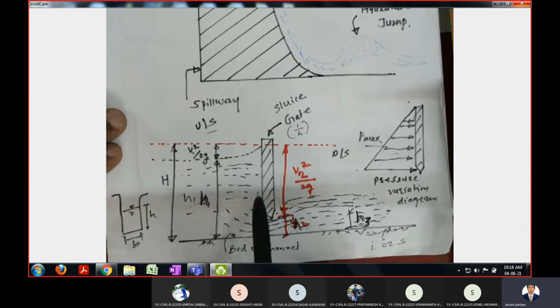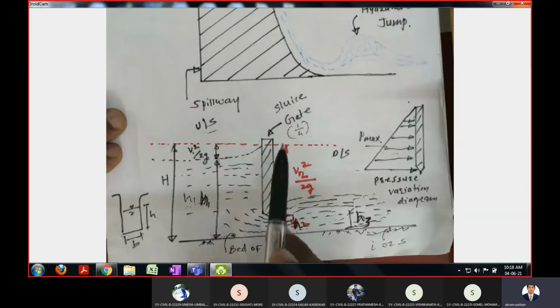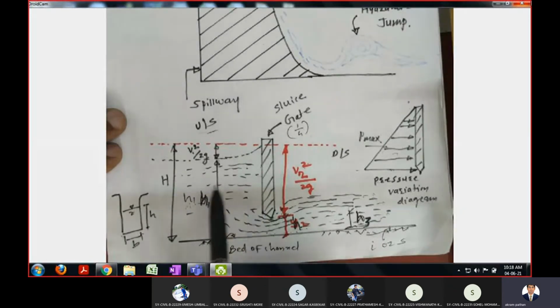Once we have this data, that is the hydraulic parameters, we can design the dimensions of the gate. For example, what should be the height of the gate, what should be the length of the gate and what should be the thickness, so that whatever pressure is coming on the gate, it can sustain easily.